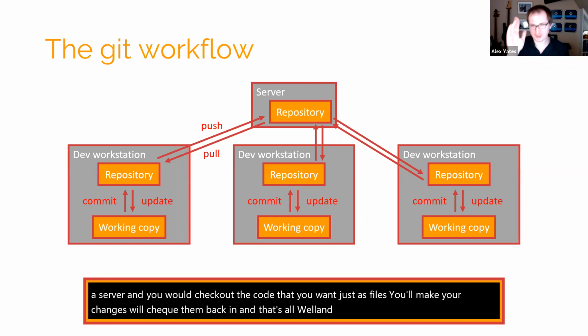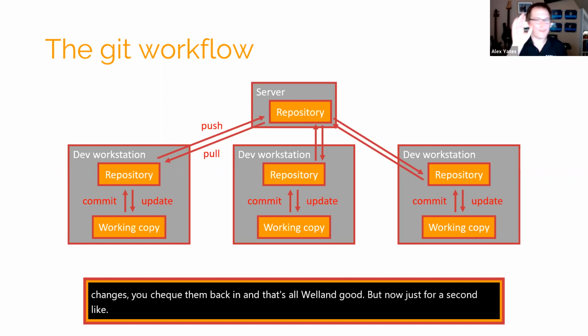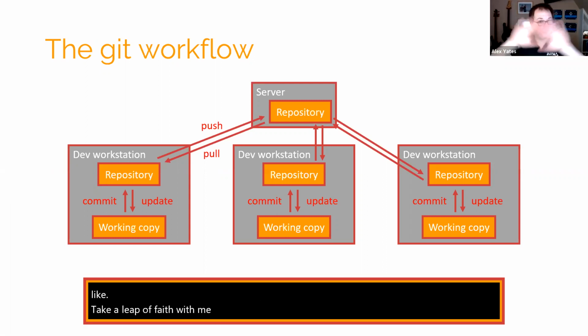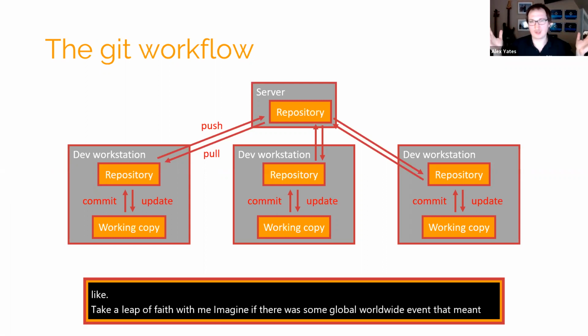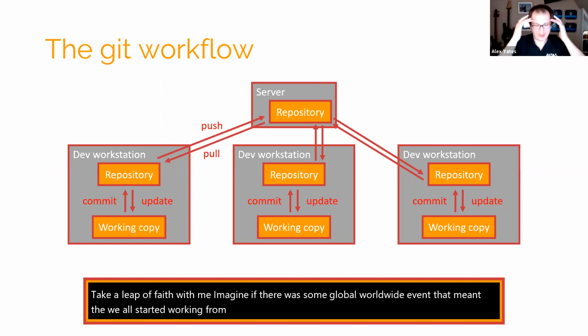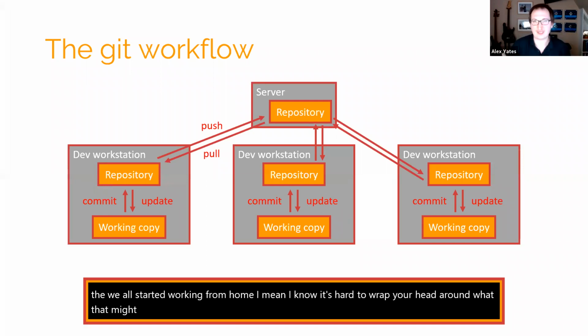But now, just for a second, take a leap of faith with me. Imagine if there was some global worldwide event that meant that we all started working from home. I know it's hard to wrap your head around what that might be, but just imagine for a second that we're all working over some flaky VPN back to our main office.